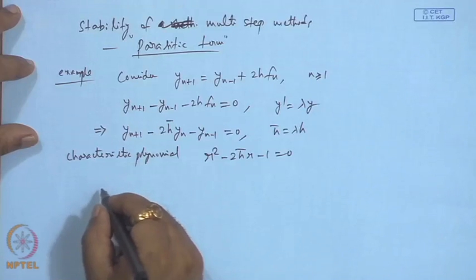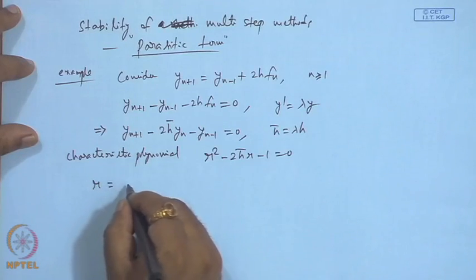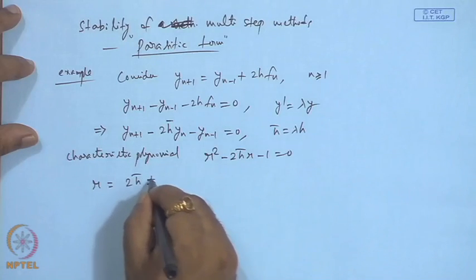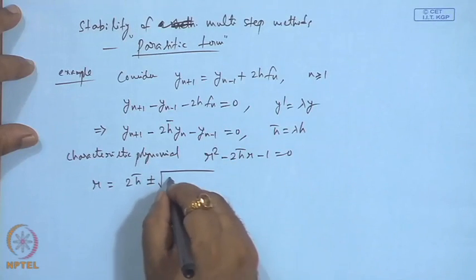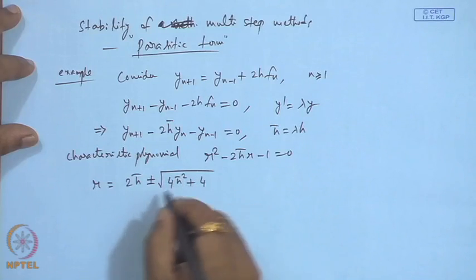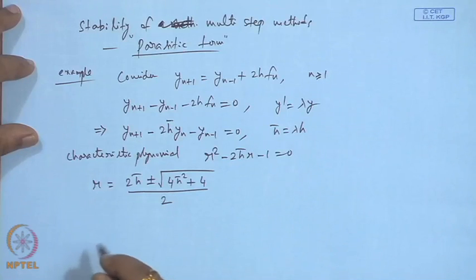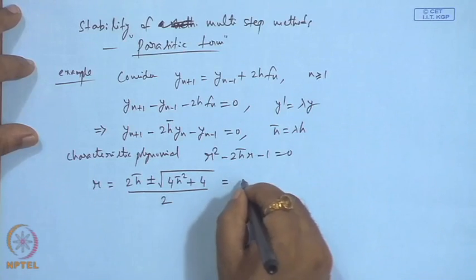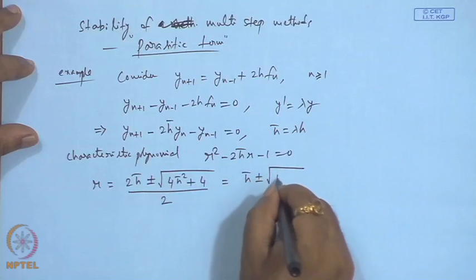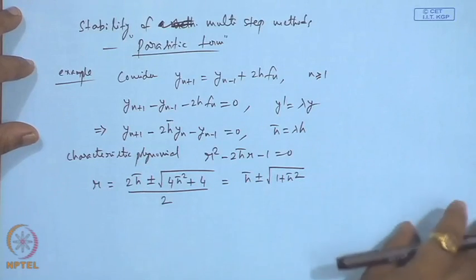Right. Now, the roots are given by r equals h bar plus or minus square root of 1 plus h bar square, okay. So, these are the roots.